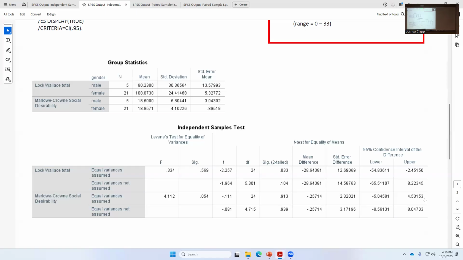Based on what you see here, you then decide whether to read the top row or the bottom row. The t-test is all independent of Levene's test. Equal variances not assumed is a corrected test, and the top one is just your regular, conventional test. So here you'll see these intervals.